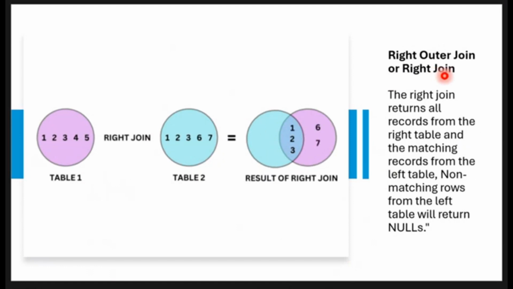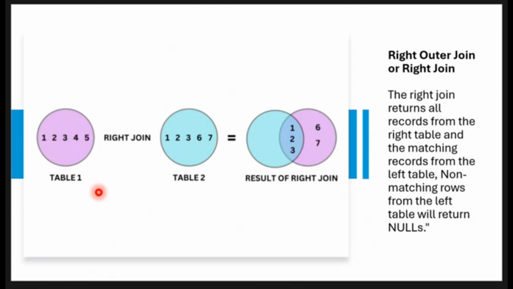Next, we have the right outer join, or right join. What right join does is return all records from the right table and the matching records from the left table. So if you are doing a right join, table 2 has some values and table 1 has some. Whatever is in the right table, it will pull that, and then corresponding to what is in the right table, it will bring from the left table.